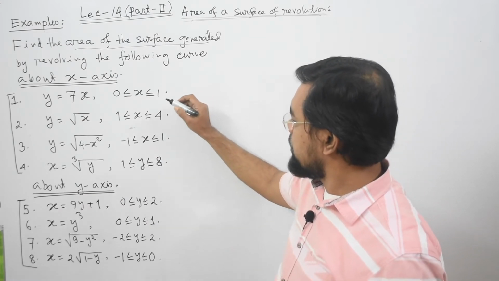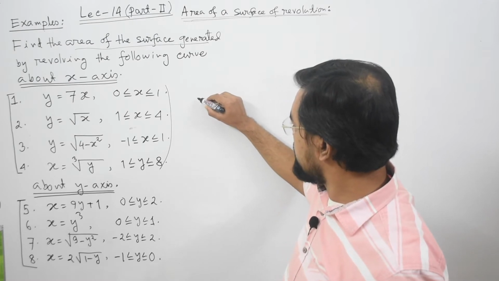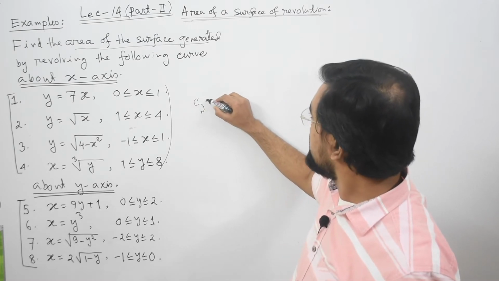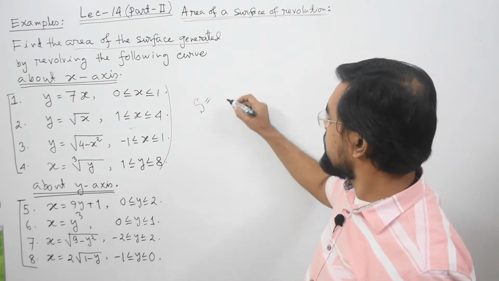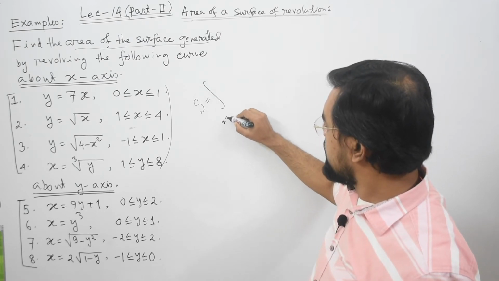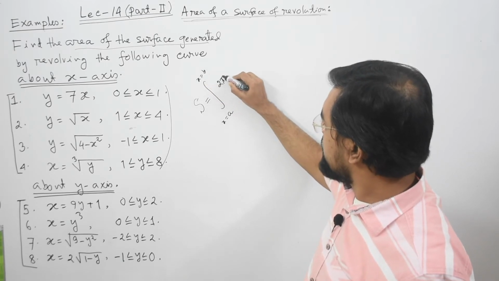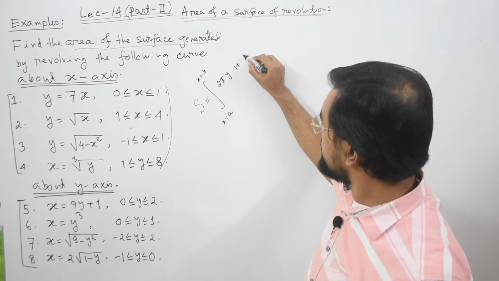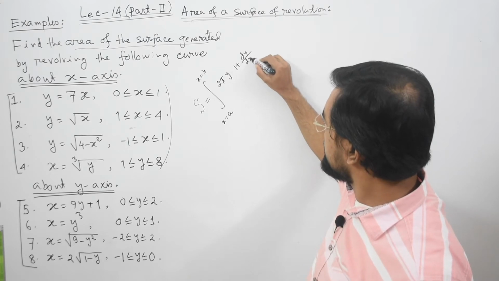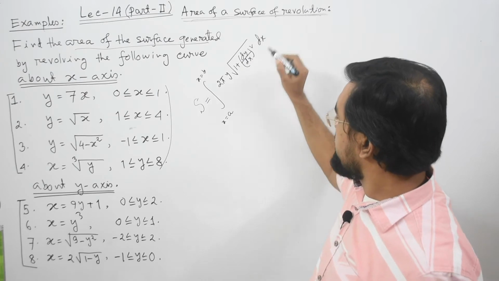So in this case, for problems 1 to 4 we are going to use this formula. Area of surface of revolution is equal to the integral from x equal a to x equal b of 2 pi y times the square root of 1 plus (dy/dx) squared dx.